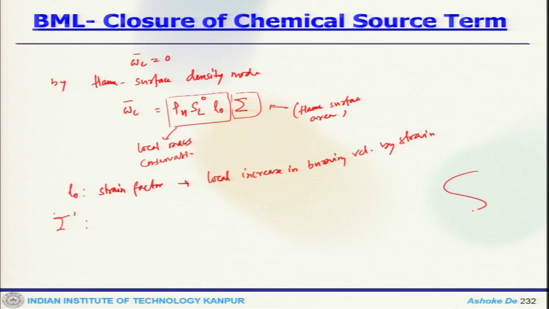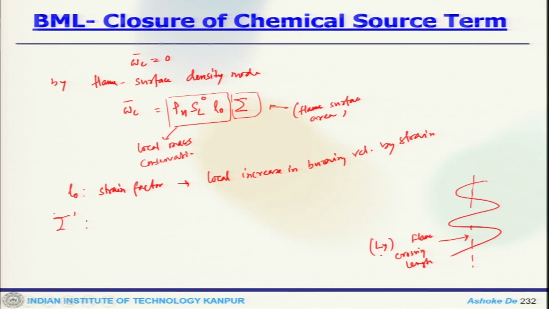So if you, let us say, have a flame front like this, this is our mean, and let us say this is our flame crossing length, which let us say L_y. Then for the flame surface density we need a closure, because this term in the source term is the local mass conservation, which is available, and this is another term which is required.